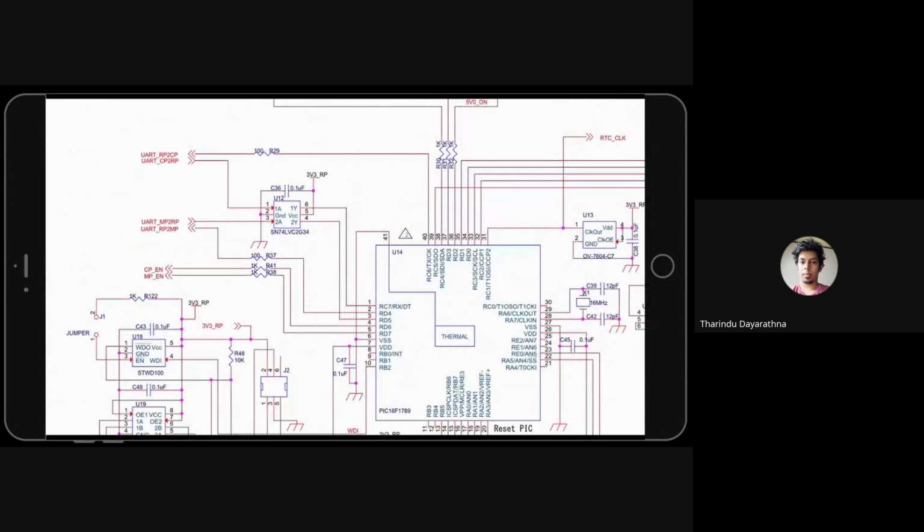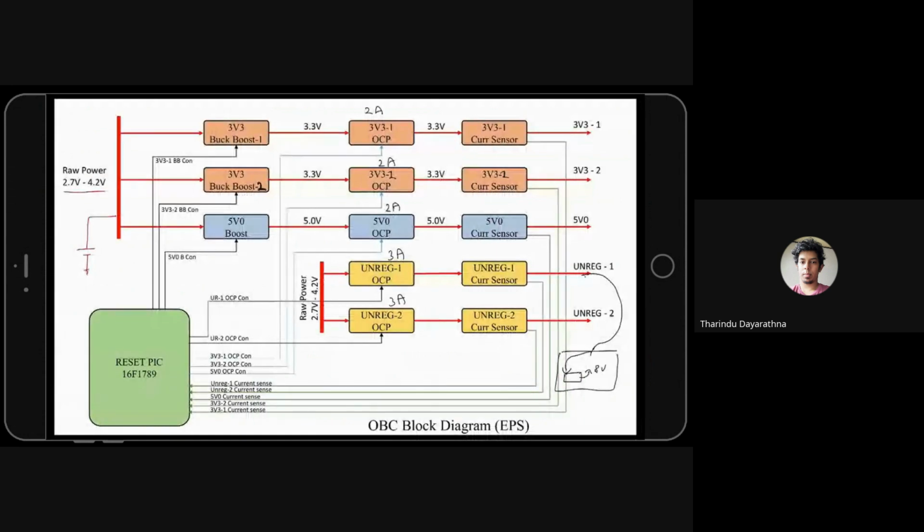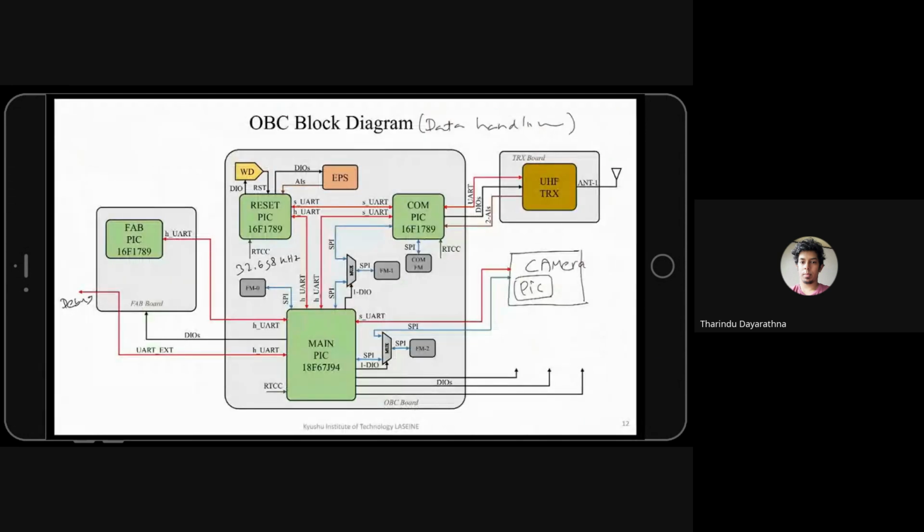This is UART RX pin. Okay, you can see this one goes like this. This goes to some kind of, actually signal comes from COM peak. You remember I told you there are UART lines connected here.